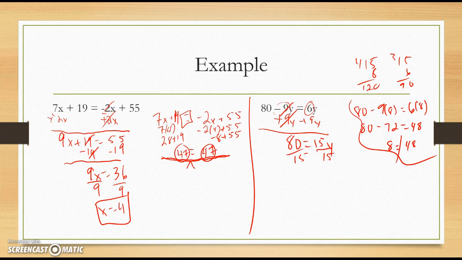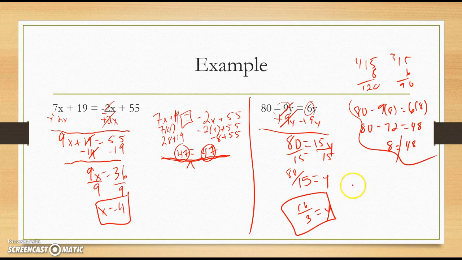So what I have to do here is reduce it. If I take a 5 out of each of these, 5 goes into 80 16 times. So my answer is 16 over 3.